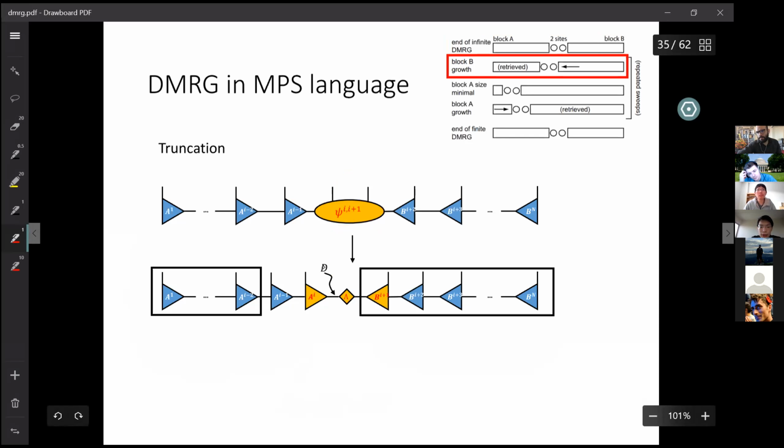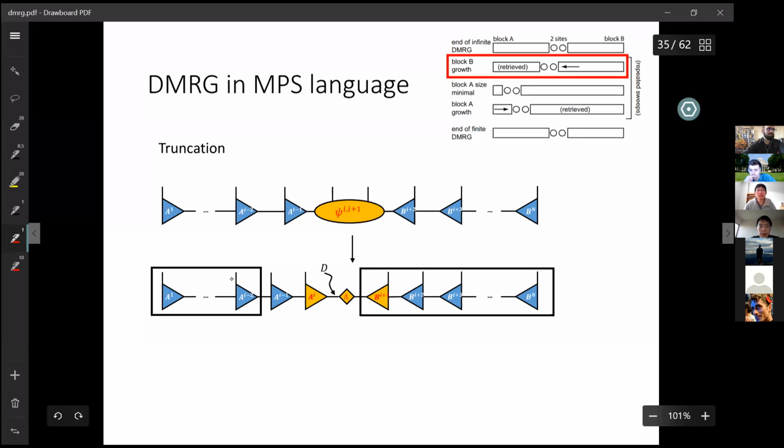Basically, we discard some of the Schmidt values in the lambda tensor and keep only the largest of them. Then we can grow the right block by one site, just including this yellow triangular tensor to the right.